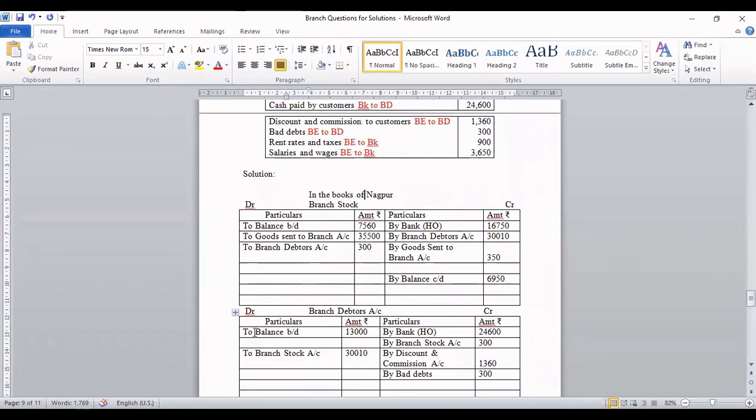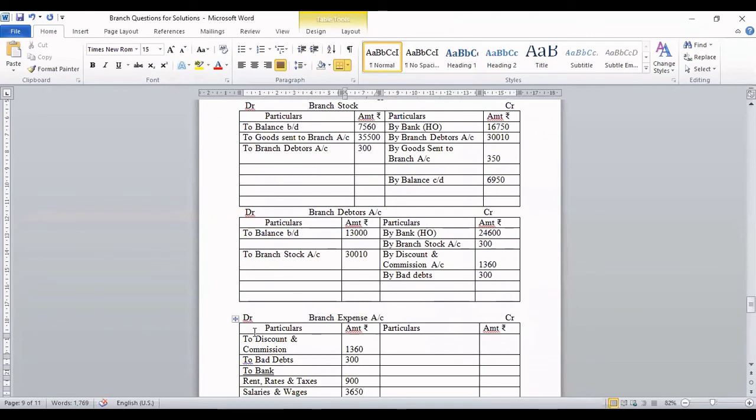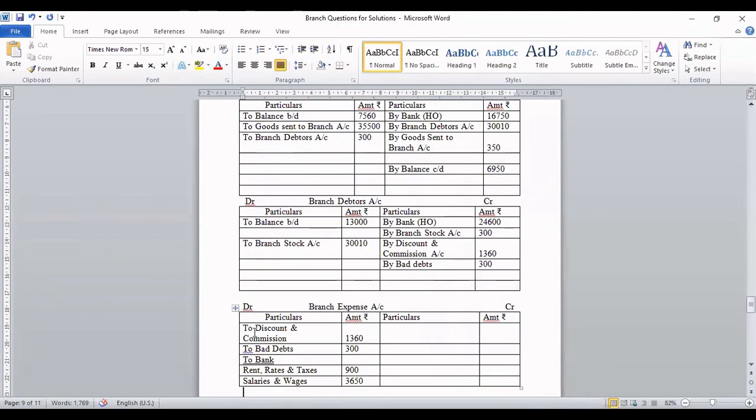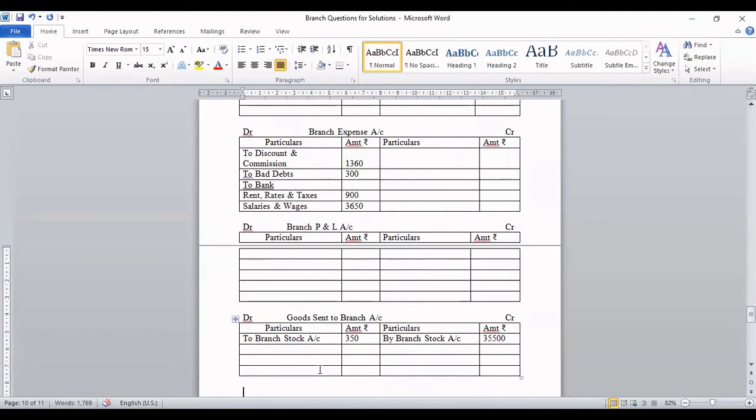Done. So should we start the closing part? Yes or no? Yes, sir. Okay. First account, try to close this one, goods sent to branch, because nothing is there. You can close at any point of time here. So immediately take total 35,500 on the debit side also.